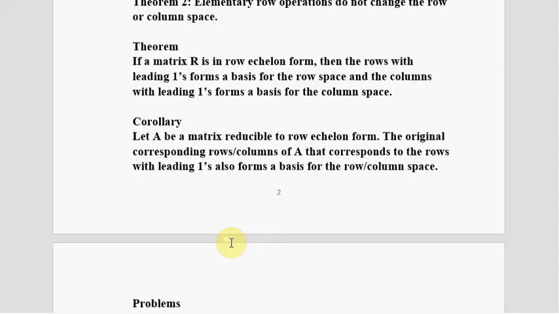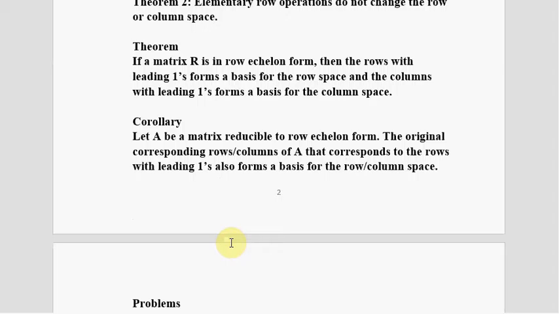Here's what we're saying. If you take the original matrix and reduce it to row echelon form, and in that reduced form you can see the leading ones along the main diagonal, well, if I get a leading 1 in the first row and a leading 1 in the second row, that means that the original matrix row 1 and the original matrix row 2 also form a basis for the row space.